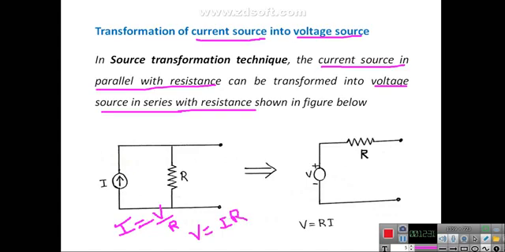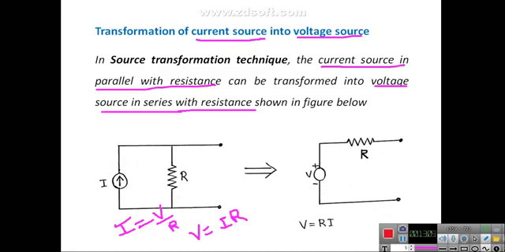The polarity of the voltage source follows the direction of the current, so this is positive and this is negative. And whatever resistance is in parallel with this current source should be connected in series.